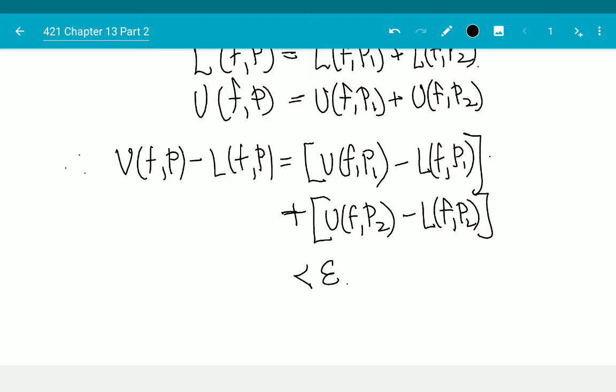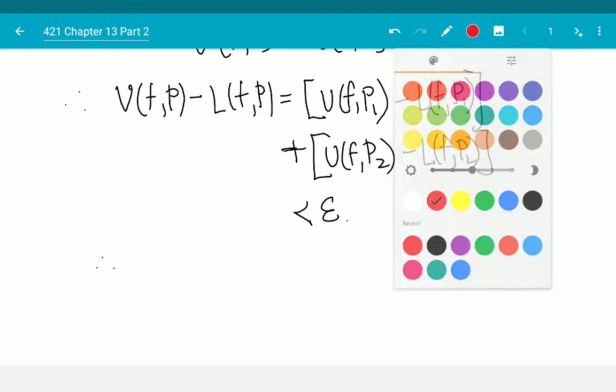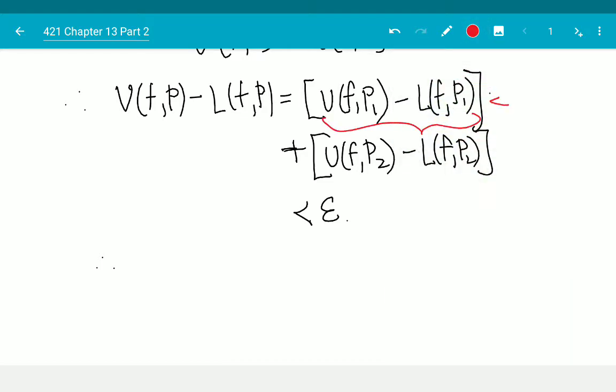And since both of these are positive, both of these also have to be smaller than epsilon. Therefore each of these is smaller than epsilon, right? I can't say that each of them is smaller than epsilon over 2.